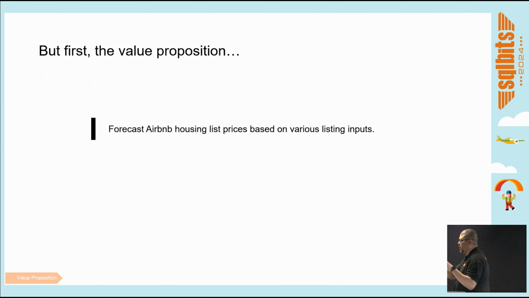We're not going to focus on the model, just on the process during this session. The goal is to predict the prices of listings on Airbnb. This data set has 90 columns, 90 features, and we're just going to use them to say, for this house with these characteristics, it should be renting for X amount of dollars or pounds.